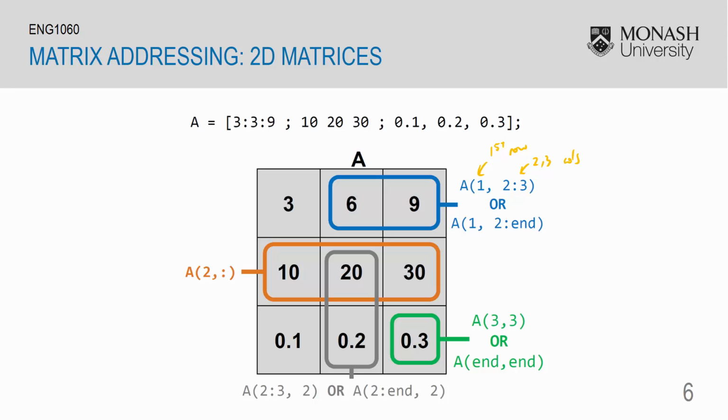Alternatively, we can say A bracket 1, which is again the first row, comma 2 to the end, which means the second column to the last column.